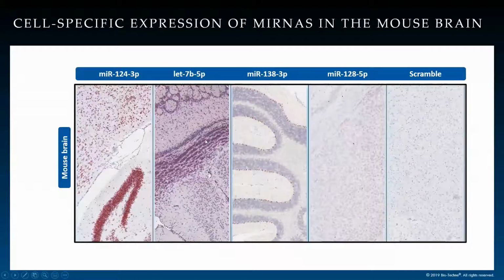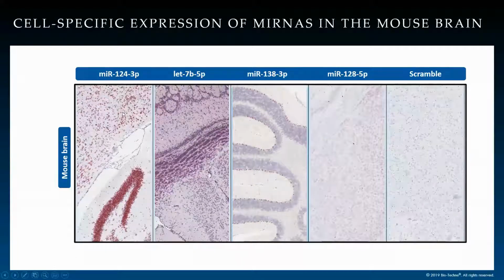So here's an example where we have shown expression of target microRNAs like miR-124, Let-7b, and so forth in the mouse brain. And the key thing to highlight here is that you can pick up these specific microRNAs that only express in those target cells within the brain at a certain stage in the developing phase of the brain.